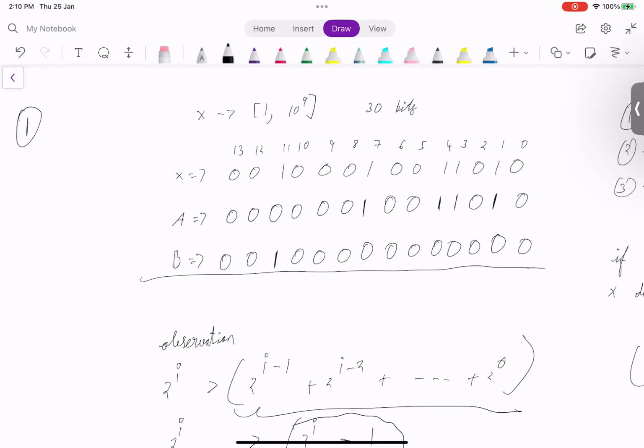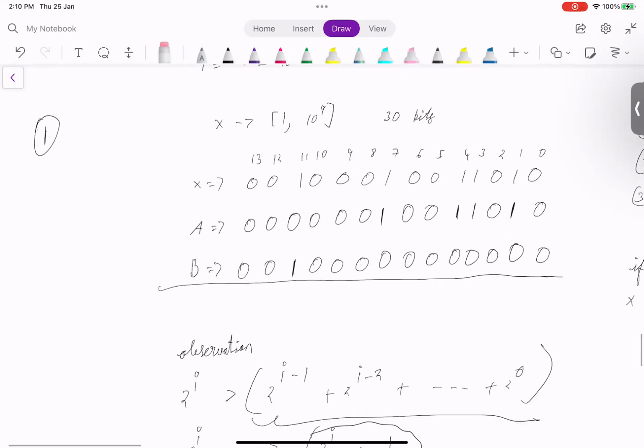So if we know that, then we'll have two choices for every such position. So let's say the number of such positions, the number of unset bits in X which can be made one in both A and B, is C. Then the number of different AB pairs that we can form is 2 power C, right?